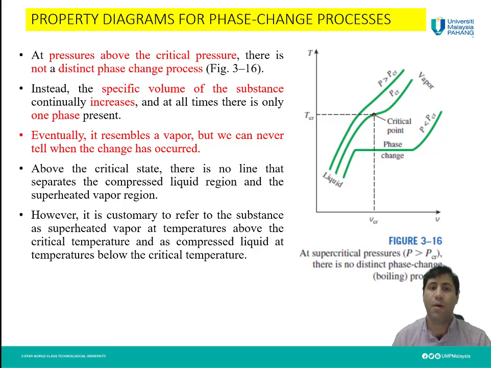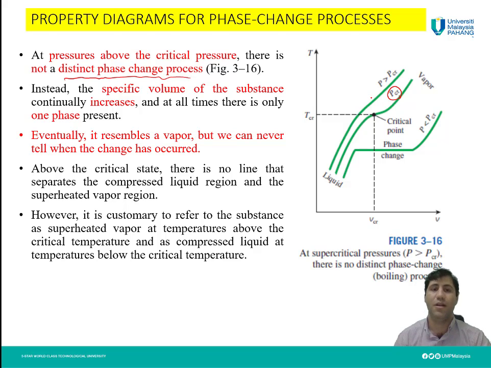And at pressures above this critical pressure, we have a phase in which we cannot distinguish whether the material is vapor or liquid. So there is not a distinct phase change process. In other words, if the pressure for that substance is higher than the critical pressure, we don't have a phase change process actually.